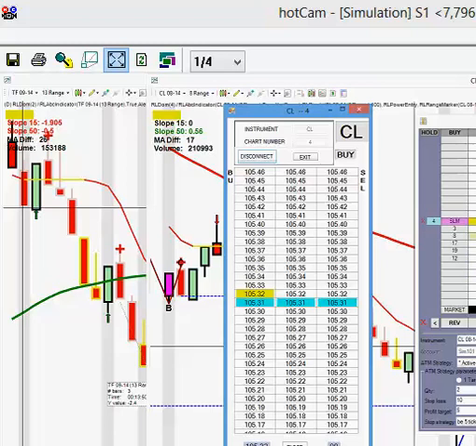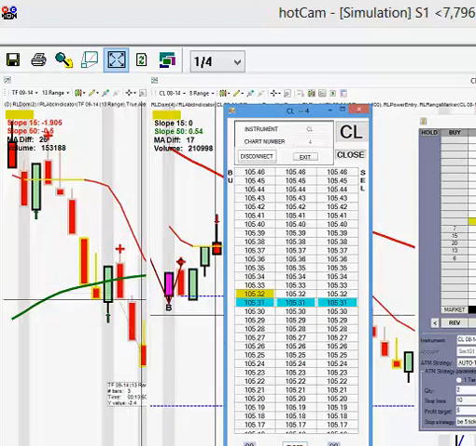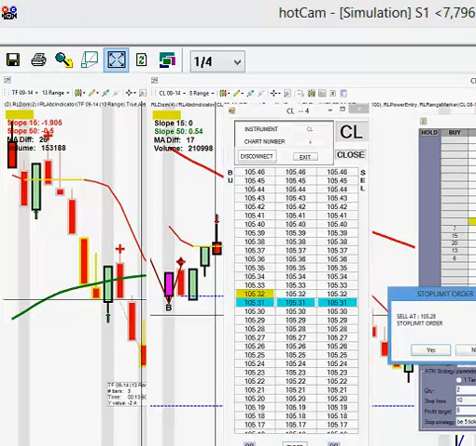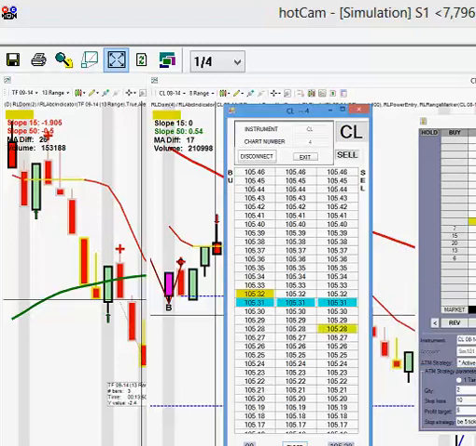Now it's not taking the trade because the market's just dead and not moving. Now I can close the trade. Order canceled. And then let's say I want to take a sell at 105.28. Order pending.